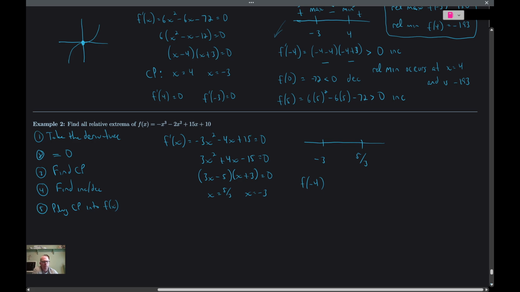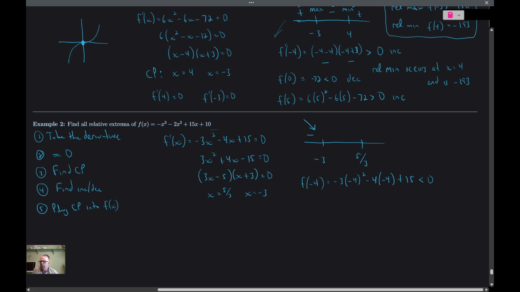Where did we go wrong? It should be negative. Yeah, we actually need to plug it into the original derivative, because here we factored out the negatives. That's the problem. So if we plug -4 into the derivative, I'm not sure what we get, but we get a negative number. So we are decreasing.